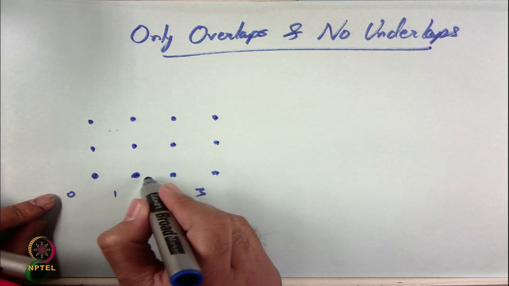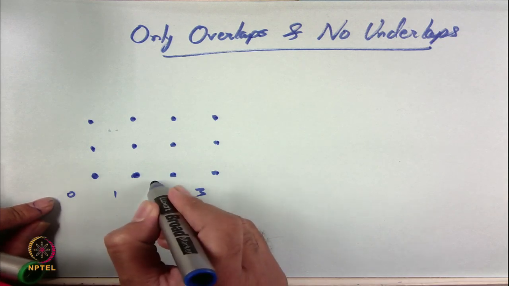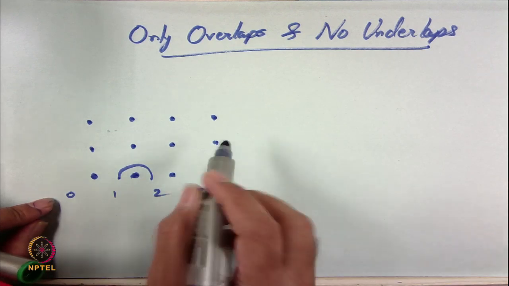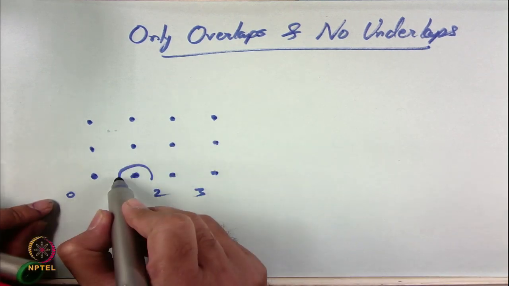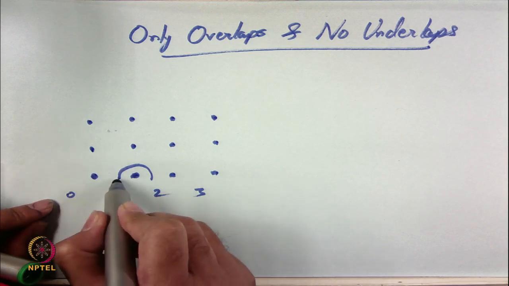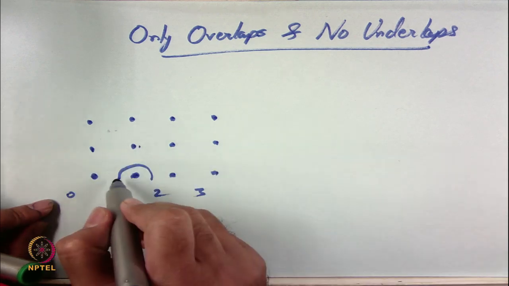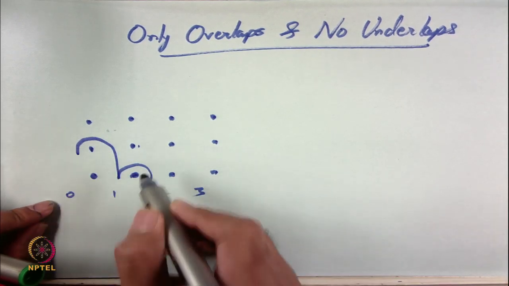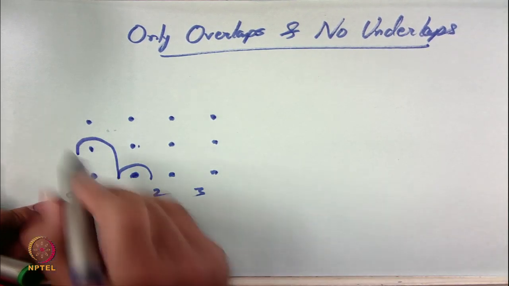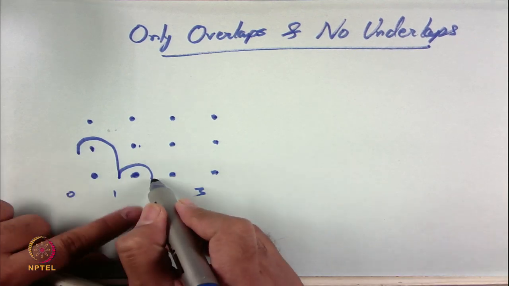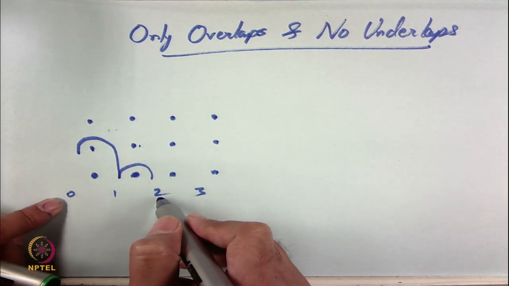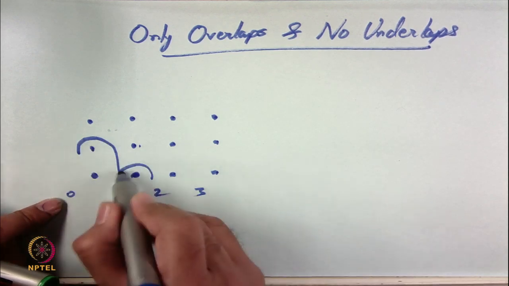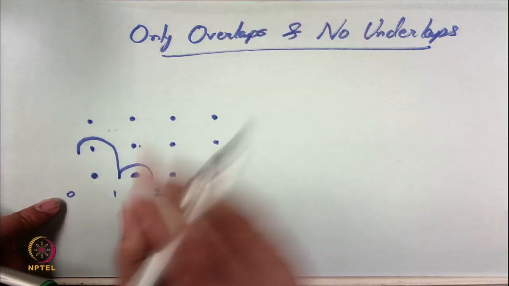Let us suppose we start from second position. This is the overlap, and since underlap is missing, this needle is doing the overlap again. Here if you move from 2 to 1 position, the underlap is missing because all the movement is on the front side, only overlap is happening.